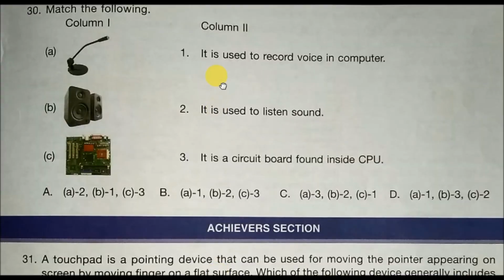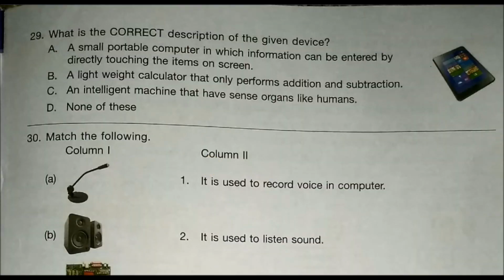Next question. Question number 29. What is the correct description of the given device? This is your given device. Option A. A small portable computer in which information can be entered by directly touching the items on screen. Option B. A lightweight calculator that only performs addition and subtraction.